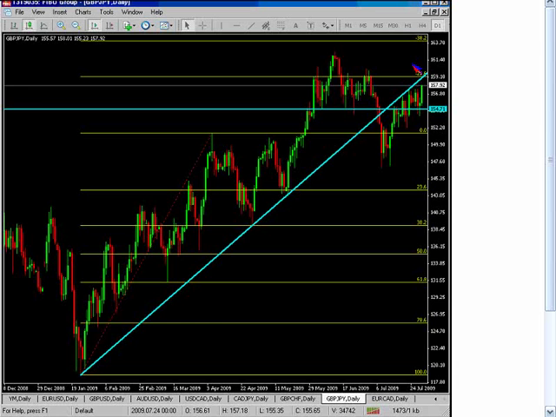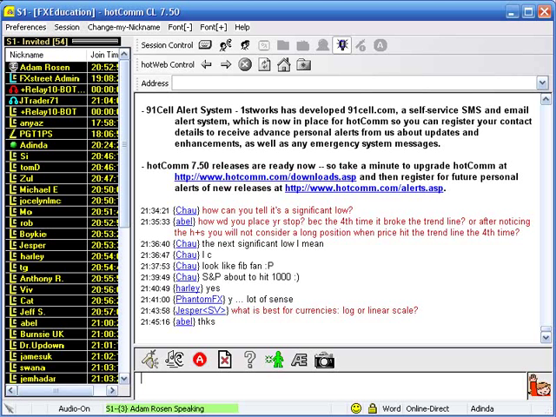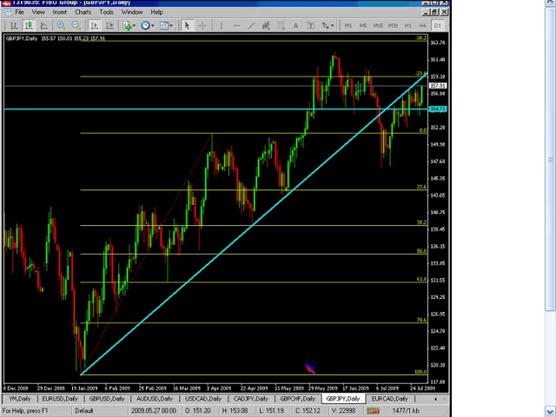What is the best for currencies, log or linear scale, Jesper? It's a fantastic question. I don't have an answer for you. I don't have enough experience with the two to give you one or the other. I think that both are certainly very, very useful under different applications. But, for at least my purposes, I try to keep things very, very simple.